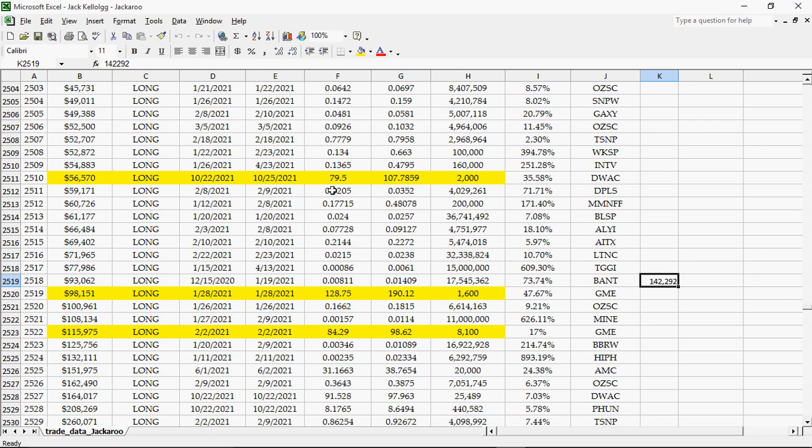Now, yes, if you do the calculations, if you take 79 times 2,000, that's $150,000. If you take 1,600 times 128, you guys would not believe this, but this only came up to $20,000. So you see, that's amazing. Oh my God, this is like God level right here.